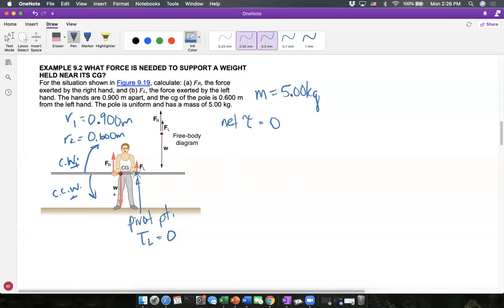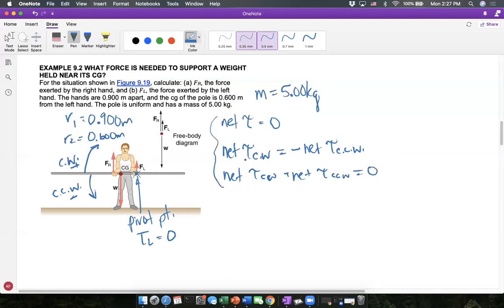Based on that, we can set this up. So net torque clockwise plus net torque counterclockwise should equal 0. So this all means the same thing for this case.